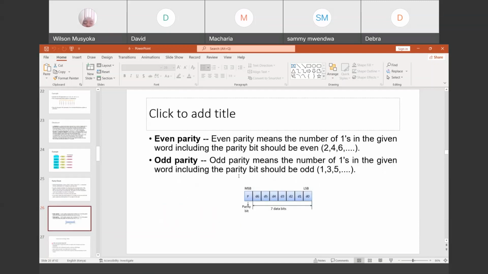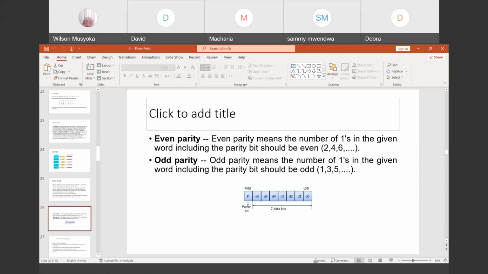And it can be seen in this example, whereby the most significant bit is P, the parity bit, and the LSB is the one where the data begins. So these 7 bits are the data items, and the parity bit is here. Even parity means that the number of ones in the given word, including the parity, should be even.